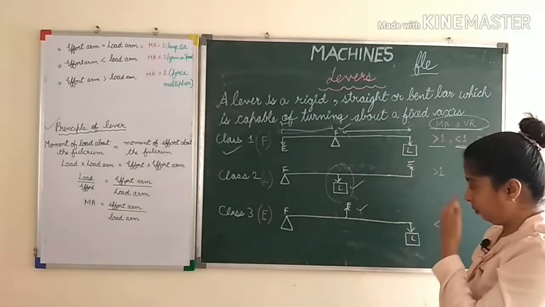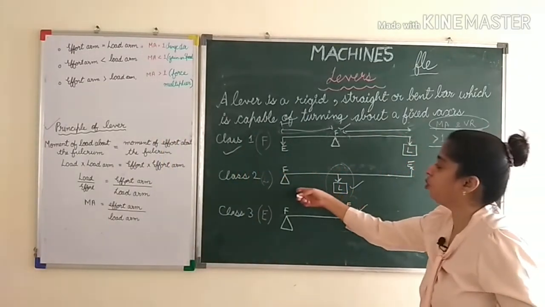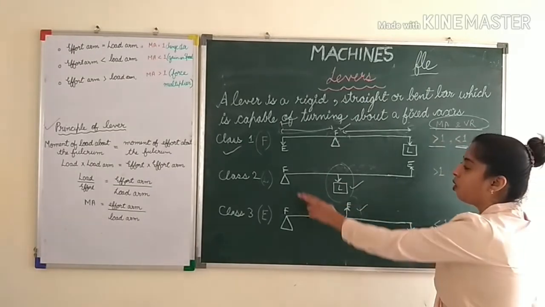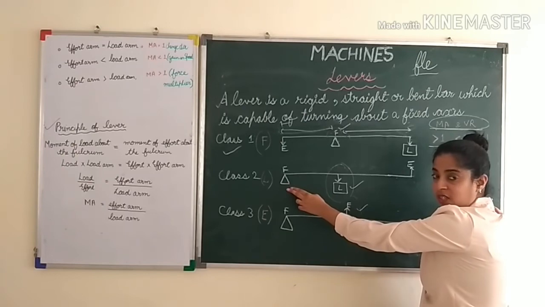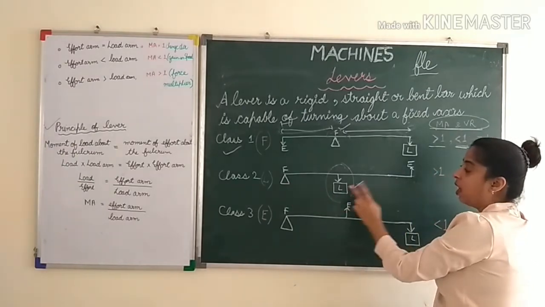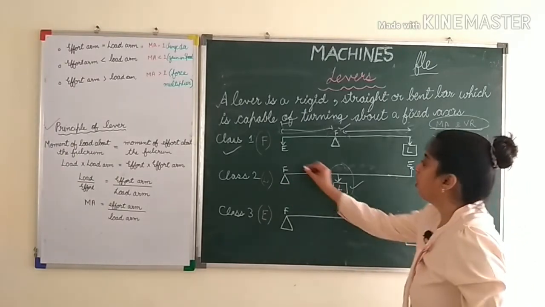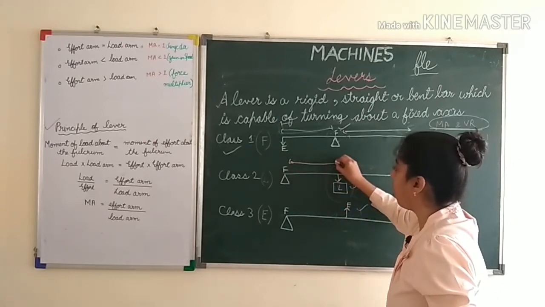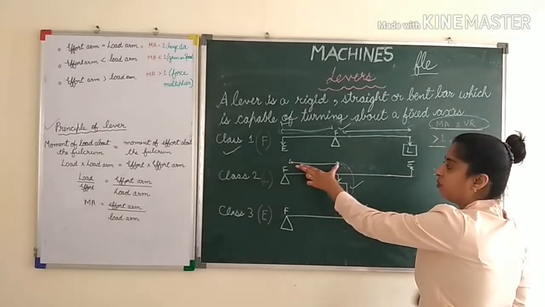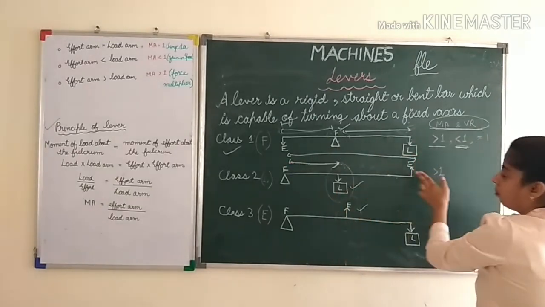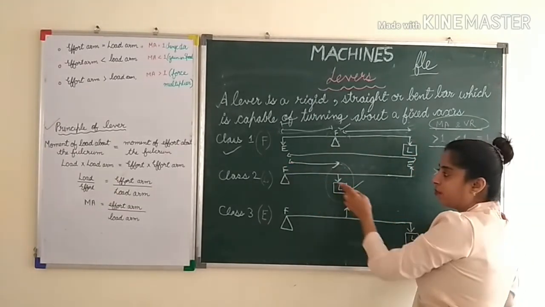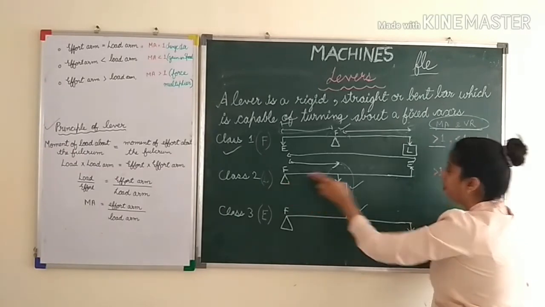Now, in a class 2 type of lever, the fulcrum is always at one corner, either here or here, and the load is in between. So this is the distance of the load arm, and this is the distance of the effort arm, because the load arm is from fulcrum to load, and the effort arm is from fulcrum to effort.